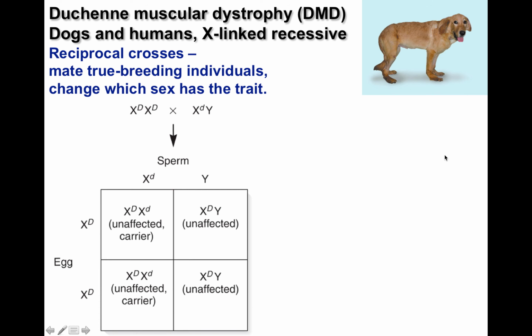Duchenne's muscular dystrophy is another sex-linked gene. It's present in both dogs and humans. We can do some reciprocal crosses to see how this gene behaves when one parent has it or the other.